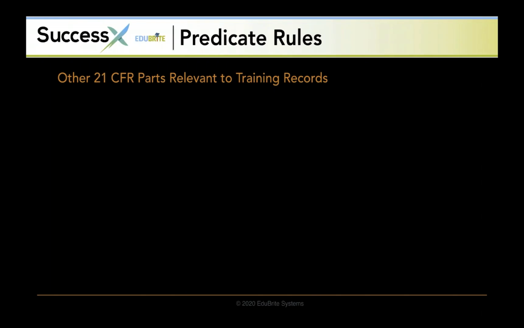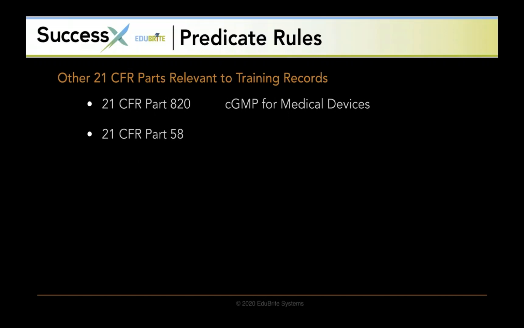Other parts of 21 CFR with similar regulations to the Part 11 relating to training record management exist, including Part 820. These requirements are meant to ensure that medical devices are safe and effective. Part 58 is for GLP, for non-clinical laboratory studies.